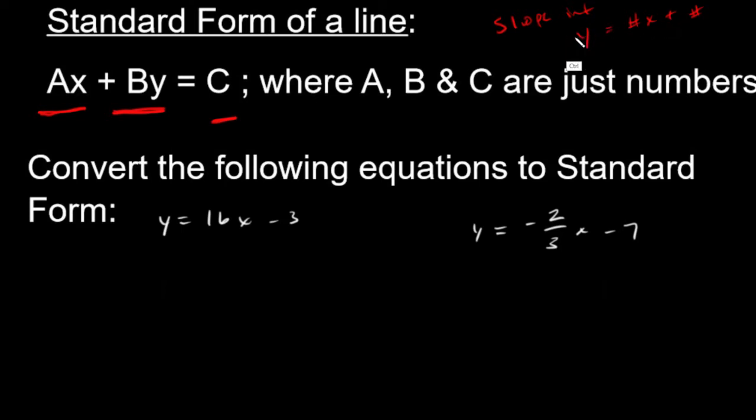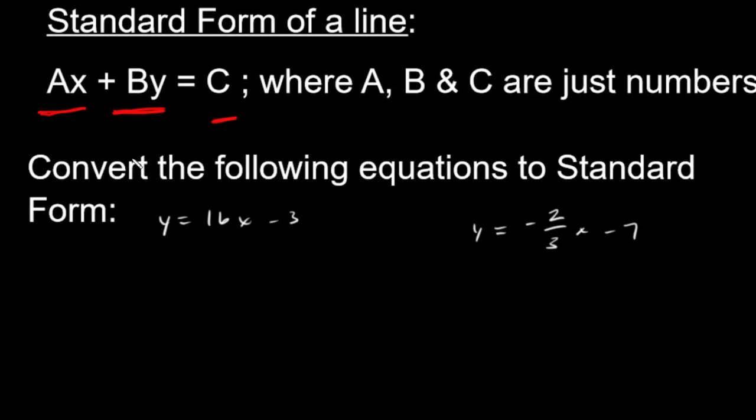Well, standard form is where you don't need to get y to be by itself, you don't need to get x to be by itself, and you don't even need the coefficients of them to be 1. So long as your x and your y are on the same side and it's equal to a number, you are in standard form. And a, b, and c are just numbers, right?